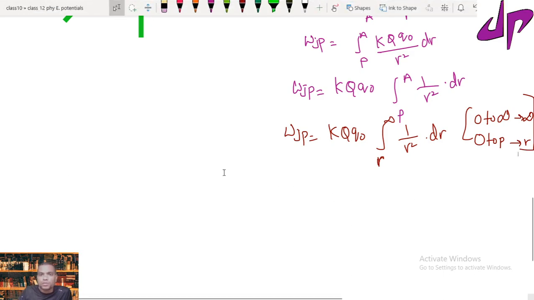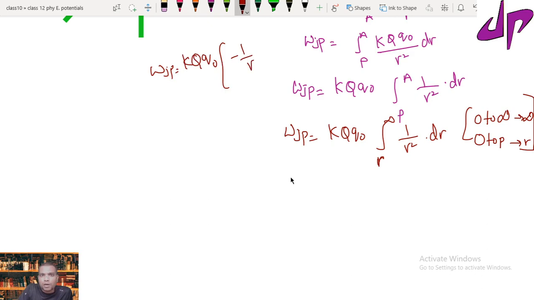Now it's easy to do the integration. So the work done by me equals K capital Q small q naught. The integration of 1 over r squared I can get as minus 1 over r, with limits infinity to r.